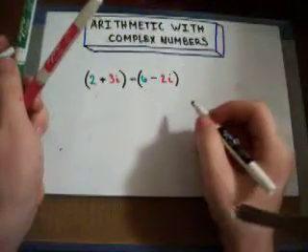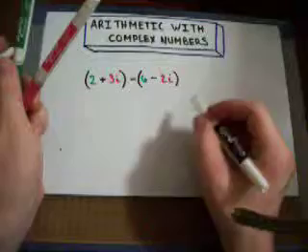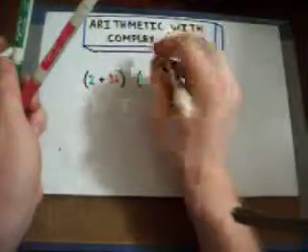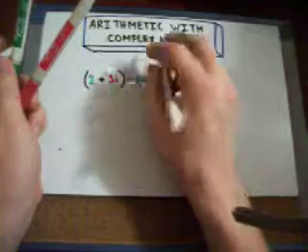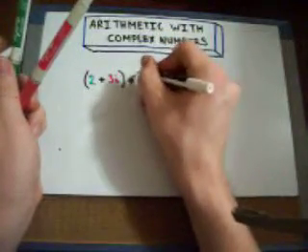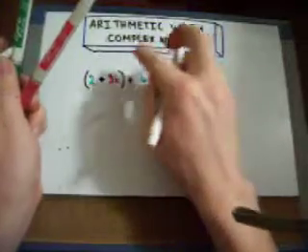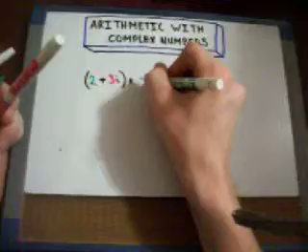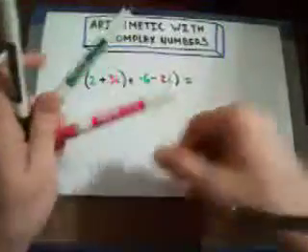Well, what you do here is you've got to distribute the negative. So I'm going to distribute the negative by making this a negative 6, and this a positive 2i.